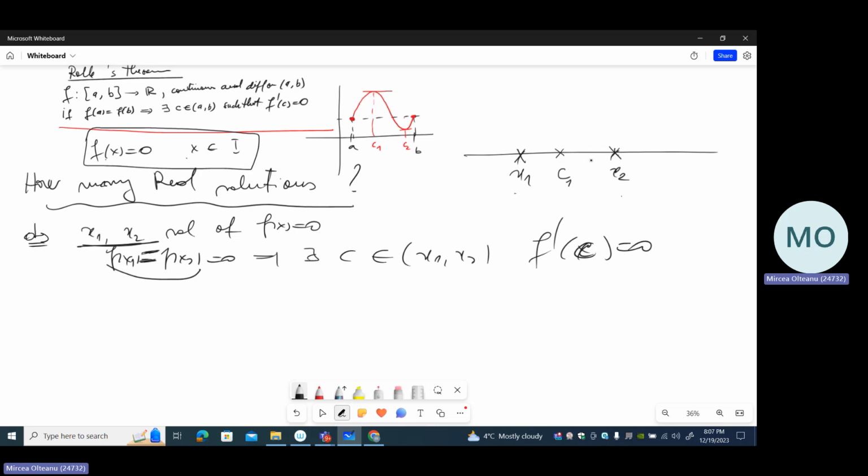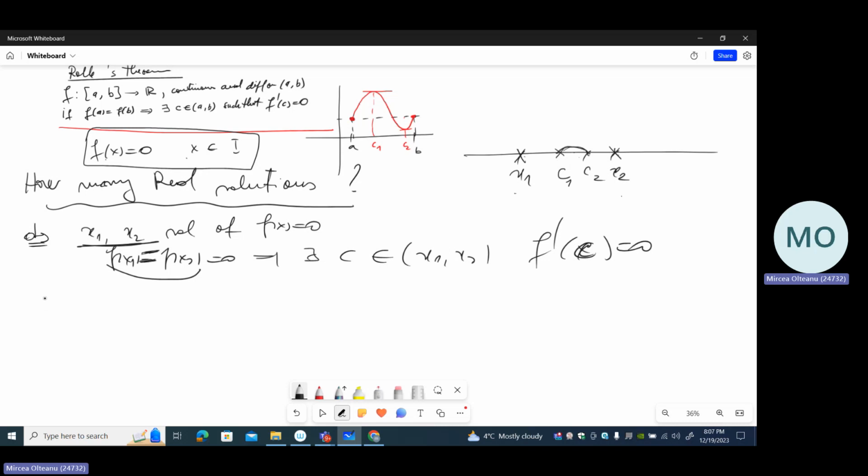There could be also two. For example, we may have this picture. Now, if we see the reverse of this statement, one can observe that between two consecutive roots of the derivative, there could be at most one root of the function f. So this is what we need.